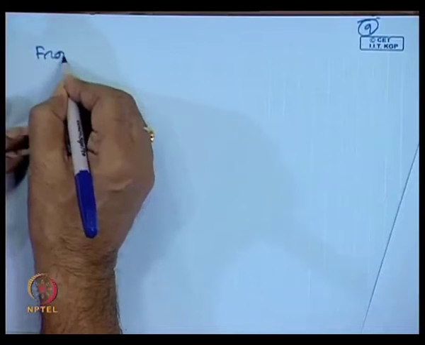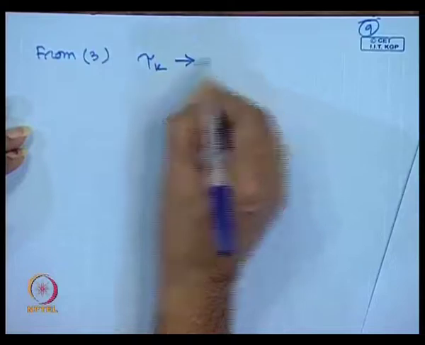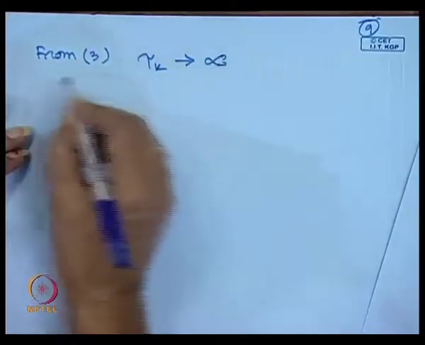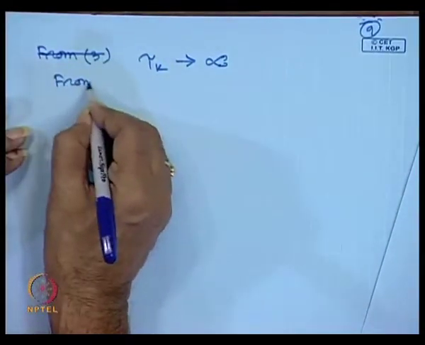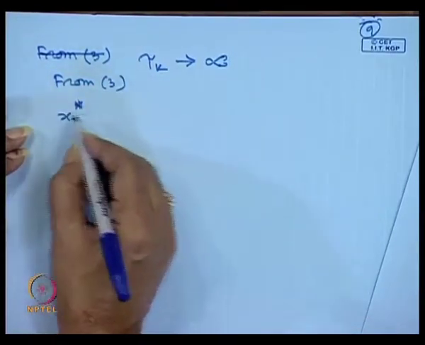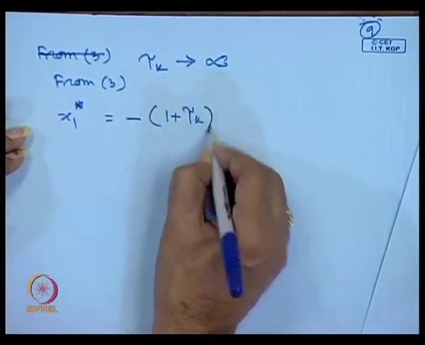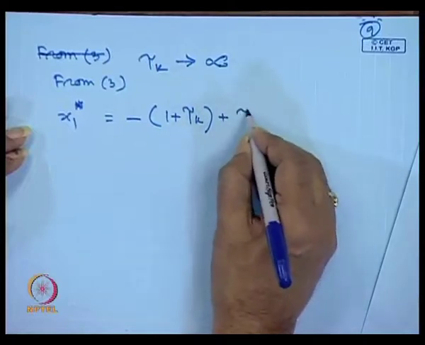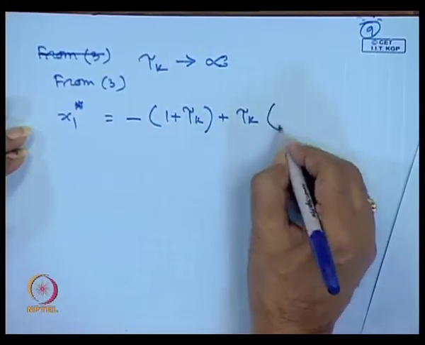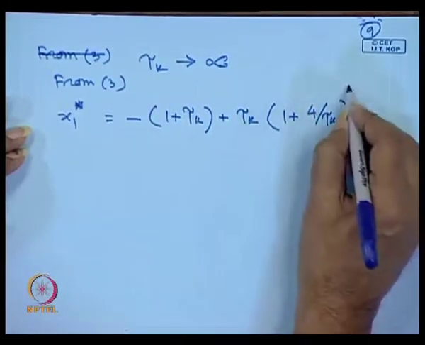So, from equation 3, when tau k tends to infinity, x 1 transpose x 1 optimum value of this one is minus 1 plus tau k, that I am writing from 3, tau k into 1 plus 4 tau k to the power half.